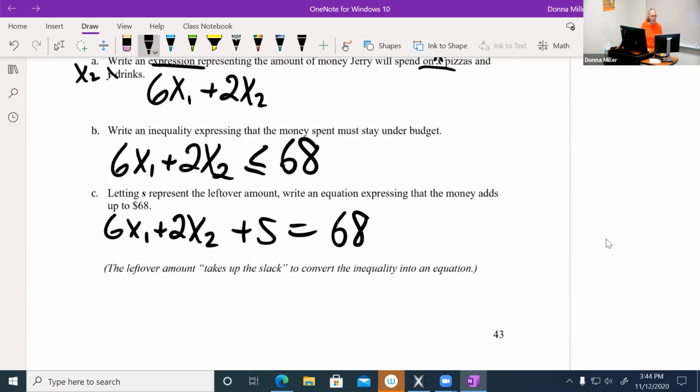That's the total amount of money I had. So you want to think of slack variables as leftover. In this case, it's leftover money. It takes up the slack. You add that to make it from an inequality to an equality. It's what I have to add to make it equal. So this is what we mean by a slack variable. It's what's left over.